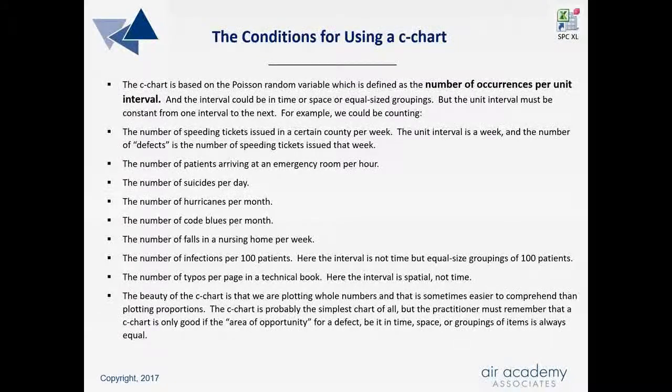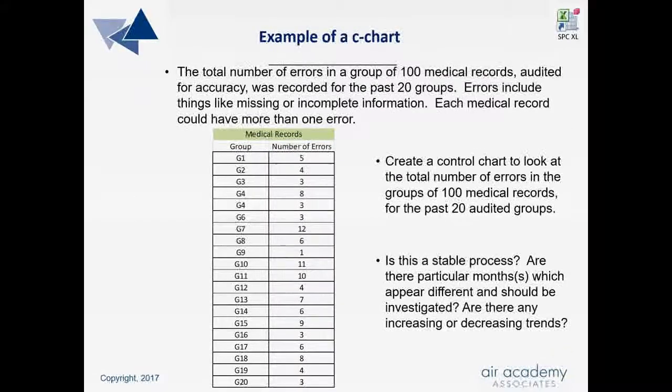Let's take a look at an example of a C chart. Let's say the total number of errors in a group of 100 medical records audited for accuracy was recorded for the past 20 groups. Errors include things like missing or incomplete information, and each medical record could have more than one error. So we'd like to create a control chart to look at the total number of errors in the groups of 100 medical records for the past 20 audited groups.